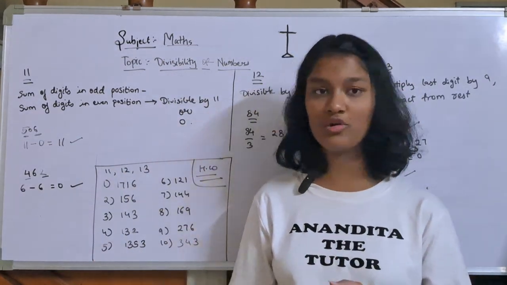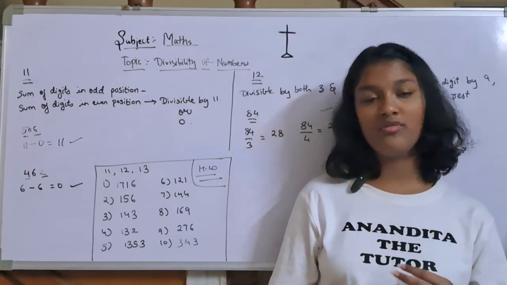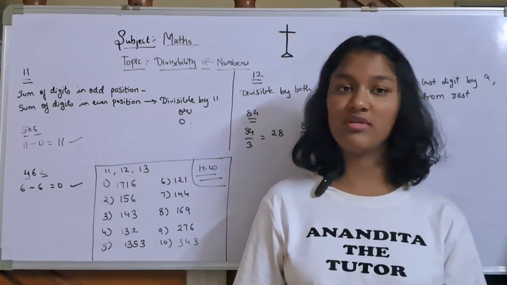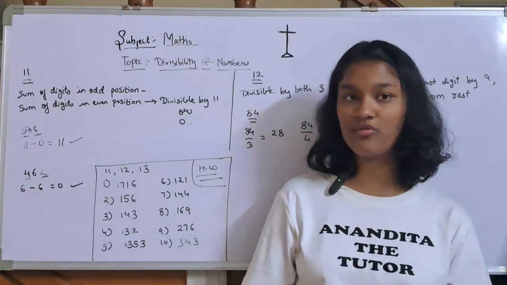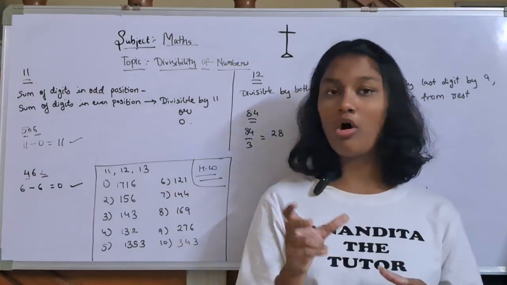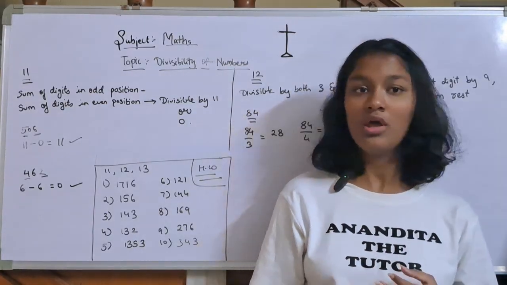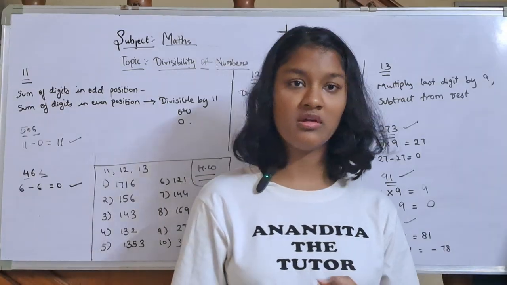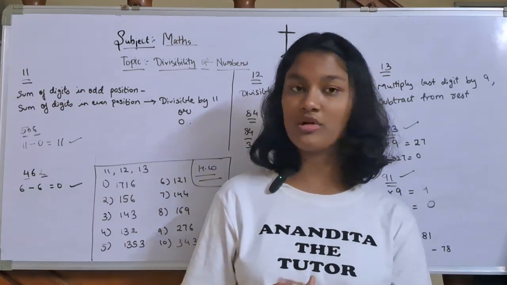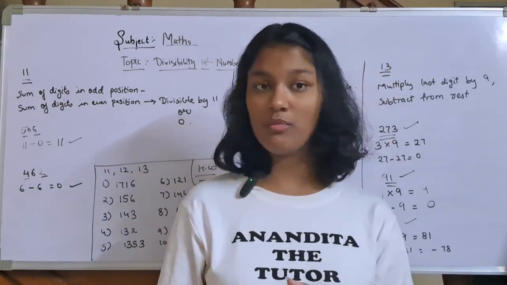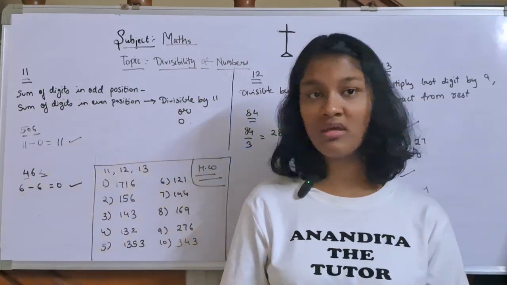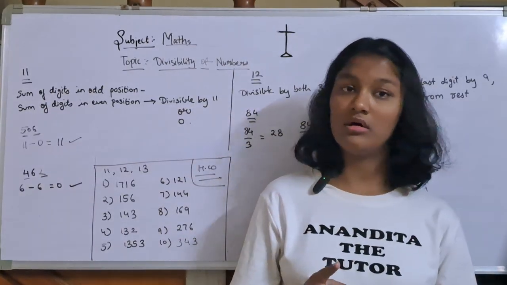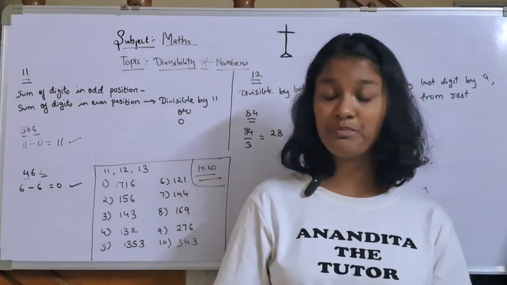If you want to check if any number given to you is divisible by 11, what you have to do? You have to find the odd places. You know the place values: units, tens, hundreds. Which are the odd places? Units, hundreds, 10,000s.